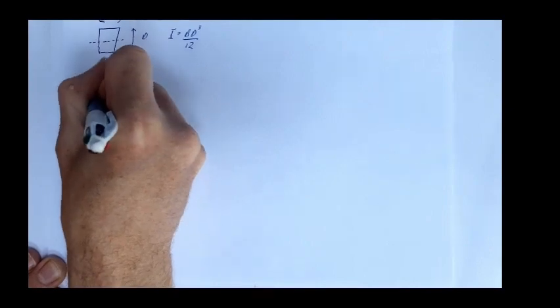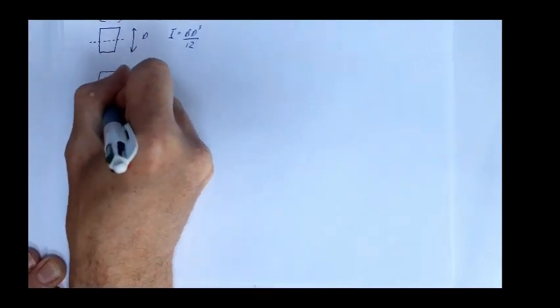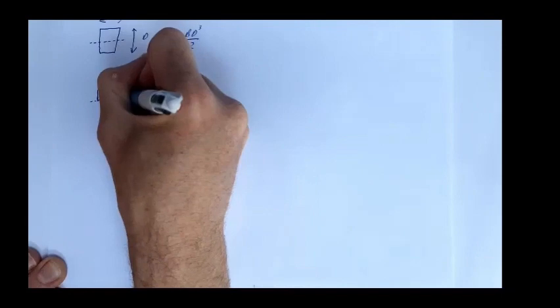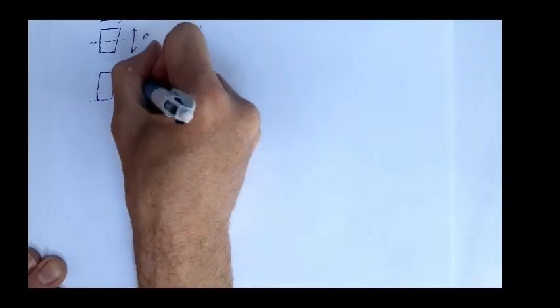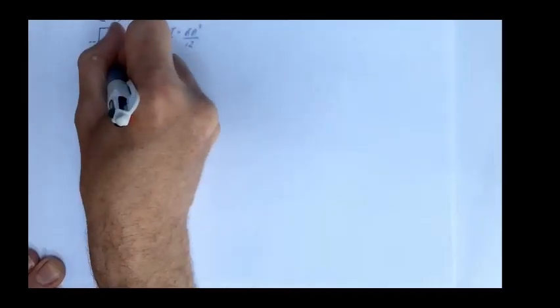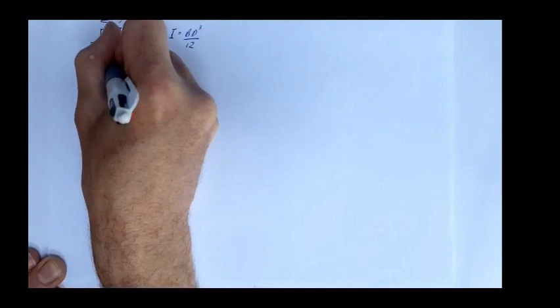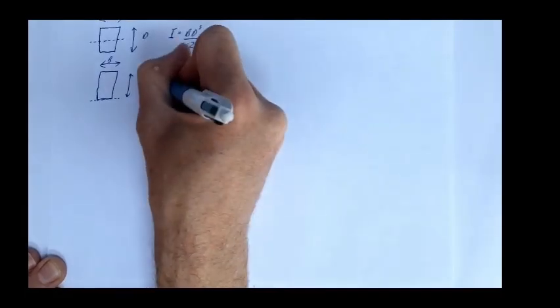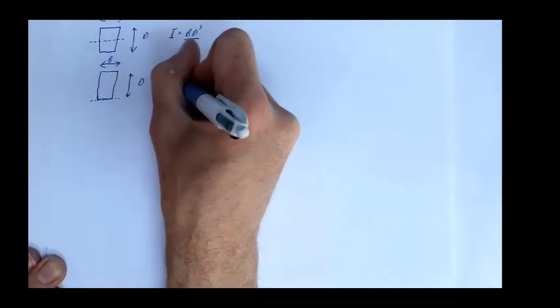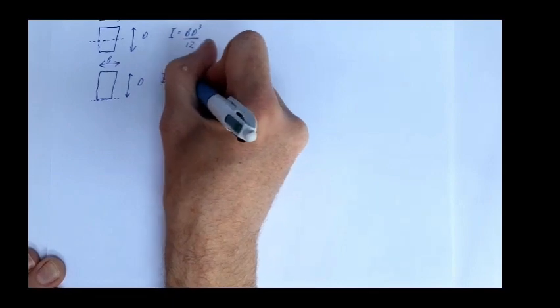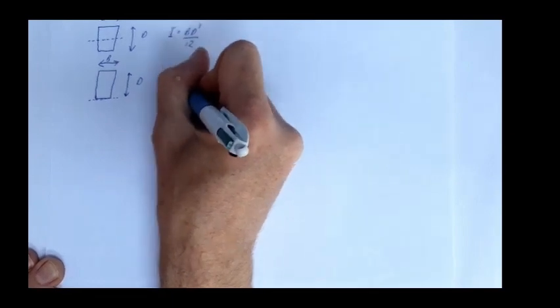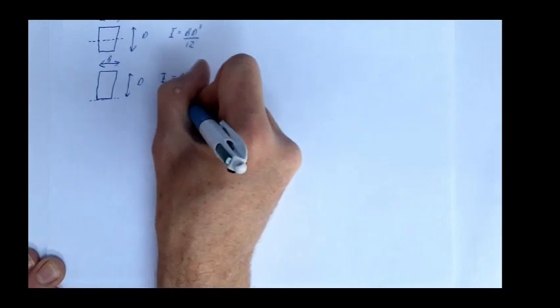And if we've got a rectangle where the axis is on the edge of that rectangle, but again it's d meters high and b meters across, I equals bd cubed over 3.